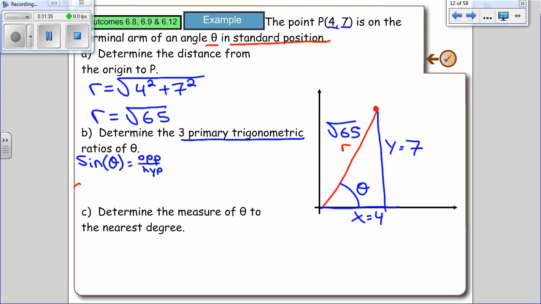Tan of theta equals opposite over adjacent.